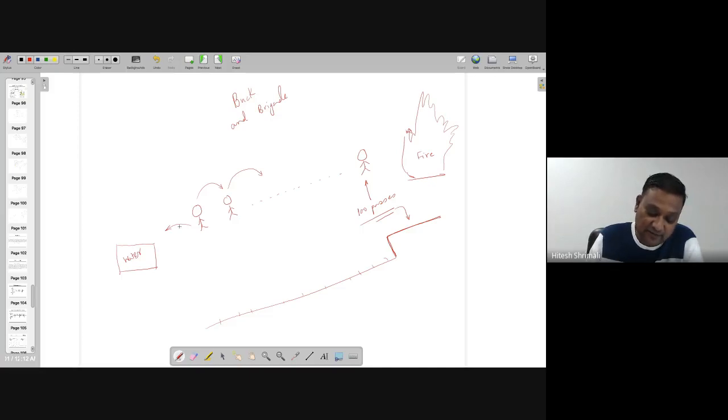They have the pipe, they are holding it together, and wherever the fire is, they are sending the water. If one guy is doing this, it's not possible. Look, it's very heavy. But this whole concept is the bucket brigade, where different passes will be there.